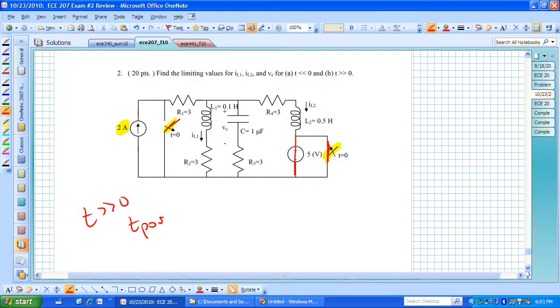In that case, the inductors and capacitors have reached their steady state behavior. These inductors become wires again because their voltage drop is 0. The capacitor again opens up because it's now in a DC steady state condition.